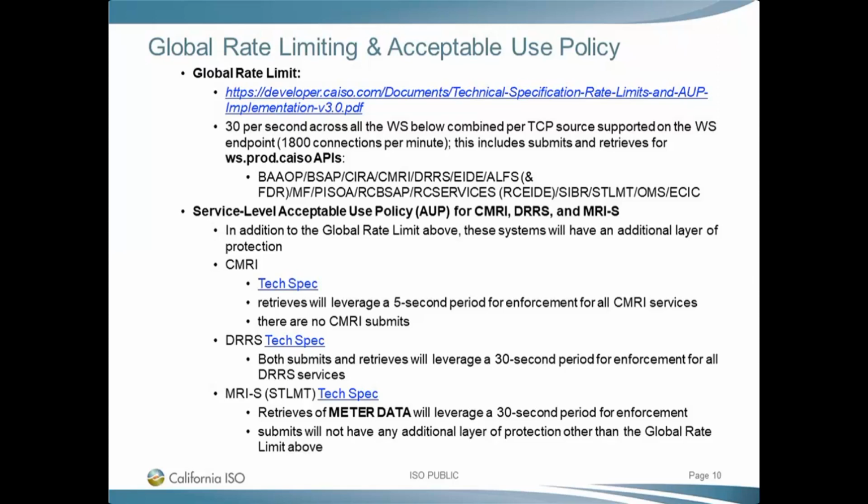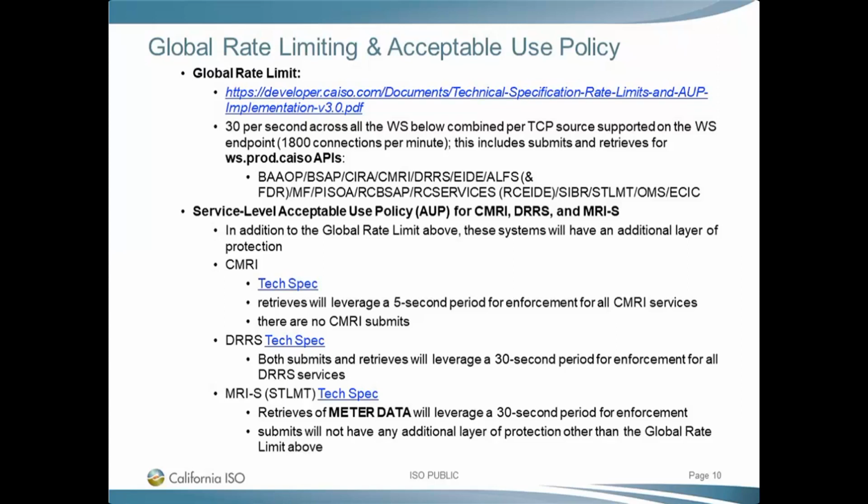You see the APIs there. Again, this is by namespace, so anything that's on ws.prod.kiso, which is listed there, will be subject to that. And then separately, OASIS has the global rate limiting that applies to it as well. So that's not changing. This is just more of a reminder.